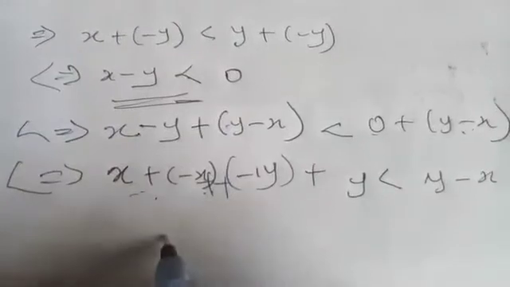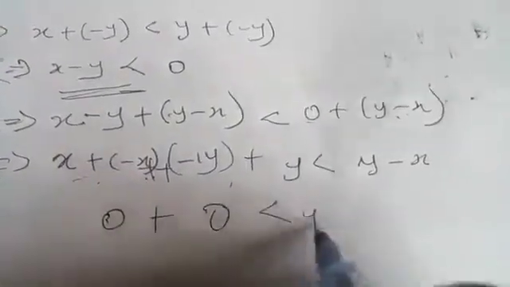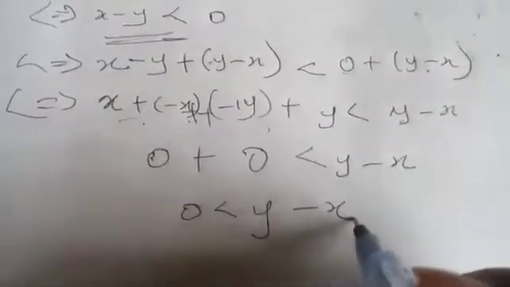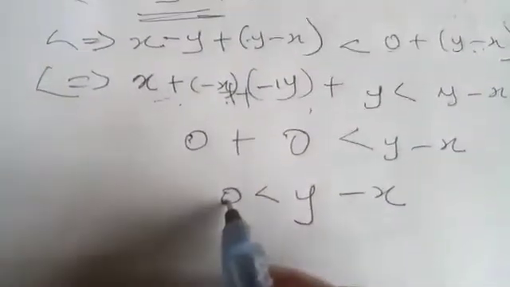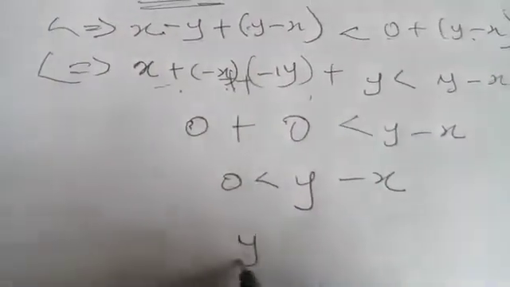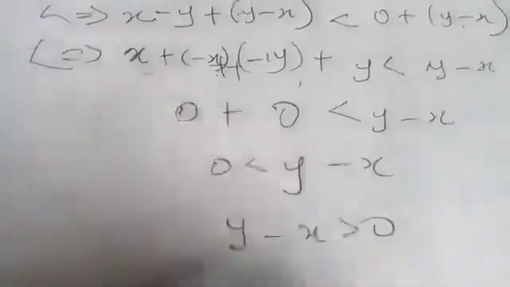So x plus minus x will give me 0, this one will give me 0, is less than y minus x. You need to be stating the axioms. So this is y minus x. You see that 0 is less than y minus x. This simply means that y minus x is greater than 0. And we have proved this.